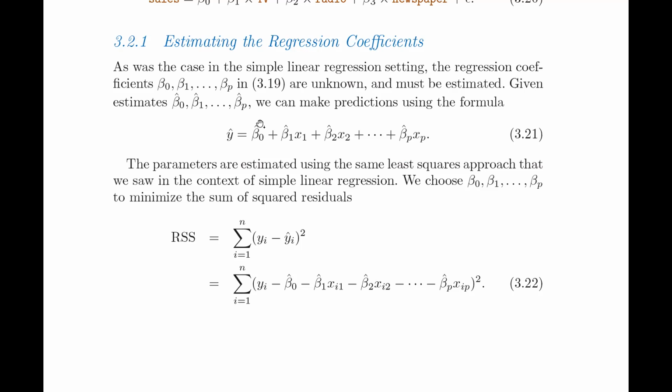So if you have some kind of estimate, you can now estimate y depending on x1, x2 until xp. Notice no error term, because the error term has a mean of 0. So this is your expectation, what you expect.